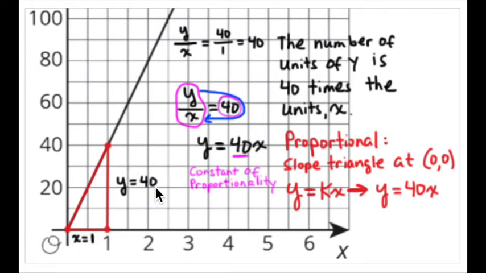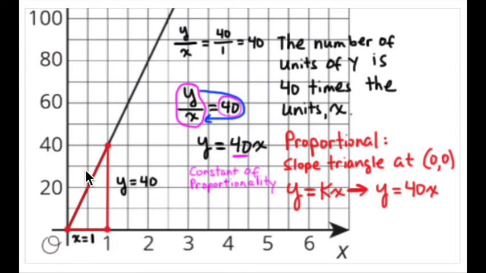So y over x is equal to 40 over 1. So if the x value doubles to 2, the y value is going to double to 80. If x triples to 3, y is going to triple to 120. So whatever you multiply x by, you're going to multiply y by the same thing.